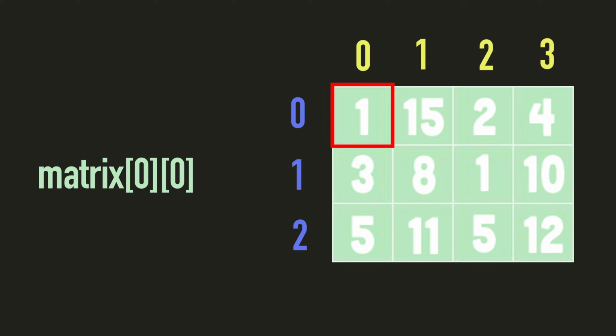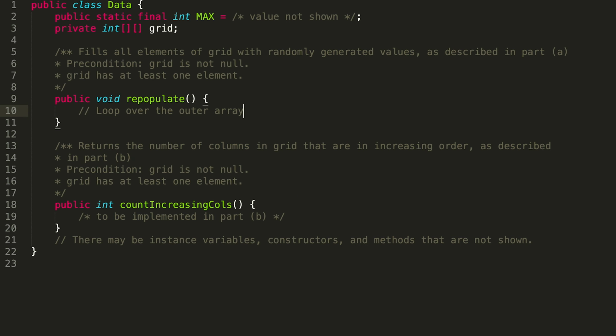If I change that number to a 1, I'm asking for the number to the right of that, to a 2, the right of that number, and so on and so forth. Similarly, if I change that first number to a 1, I'm asking for the leftmost value in the second row of the matrix. In this situation, we're looping over that outer array, which is which row we're currently looking at.